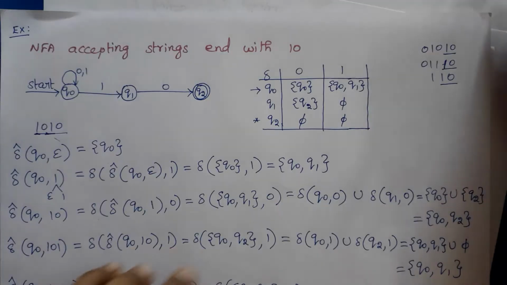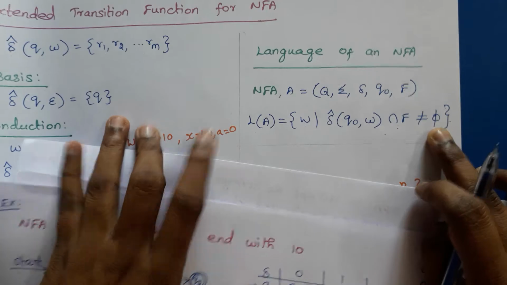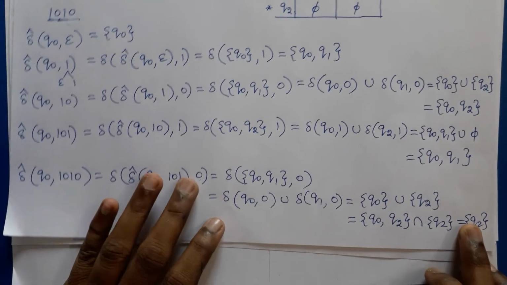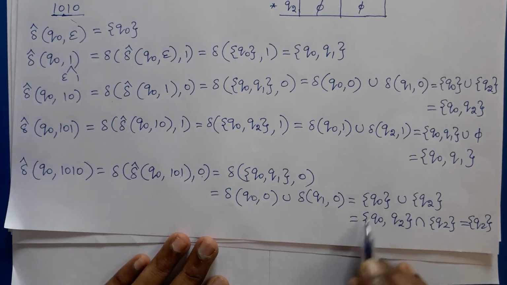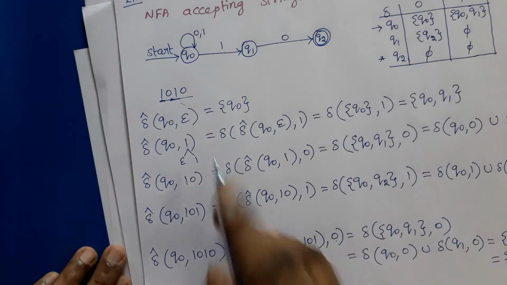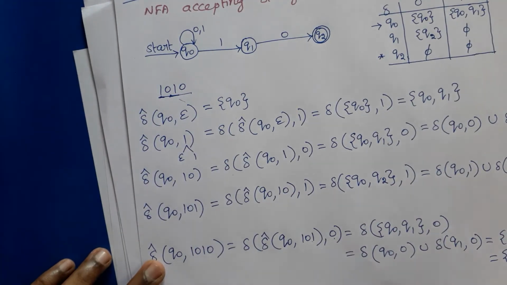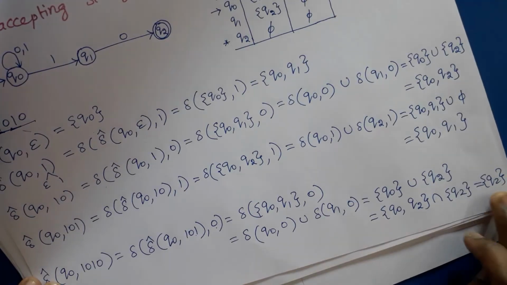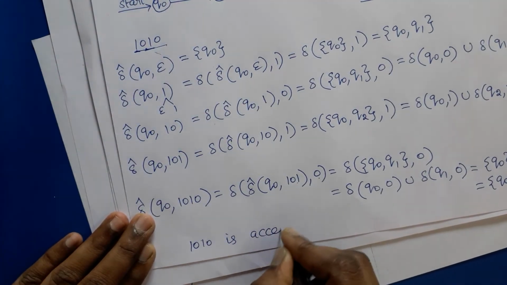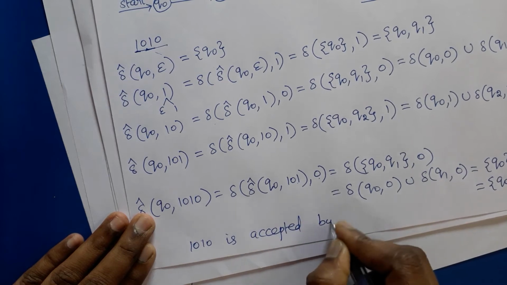So this is not equal to phi. We are getting some state as an answer, that is a final state. Or we can say that if the final set has at least one final state, then the given input string is accepted. Since q2 is a final state, 1 0 1 0 is accepted by our NFA.